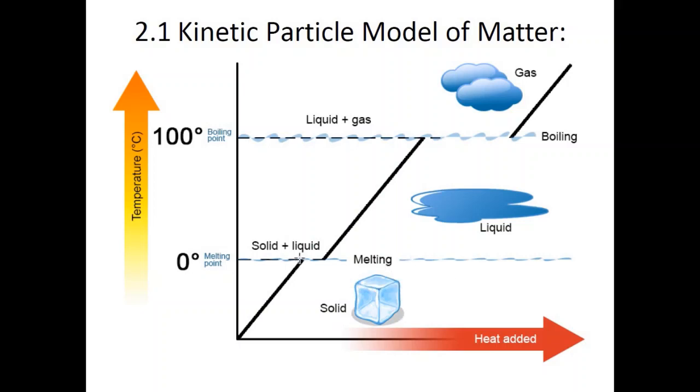At 0 degrees centigrade, it starts to melt, and once it has fully melted, it becomes a liquid, and then it keeps on gaining energy as the temperature rises. Once it reaches 100 degrees centigrade, it starts to boil and turn into vapor, the gaseous form, steam.